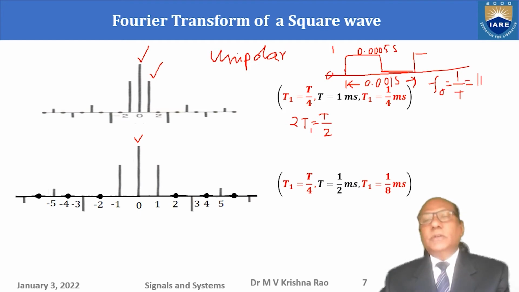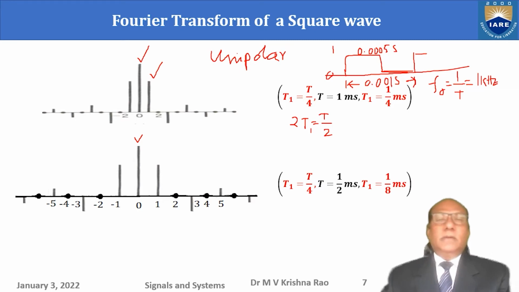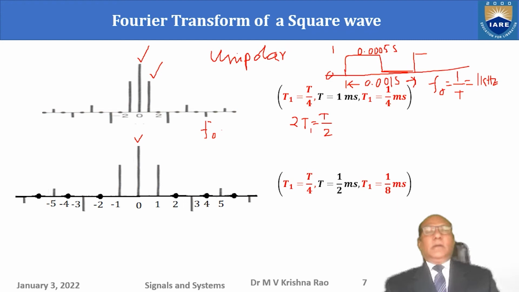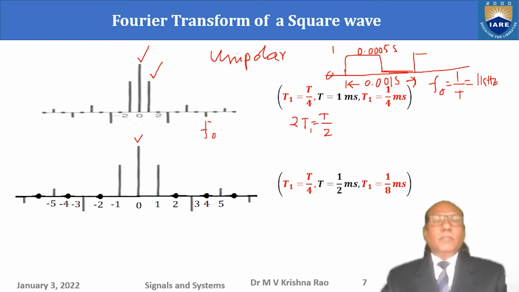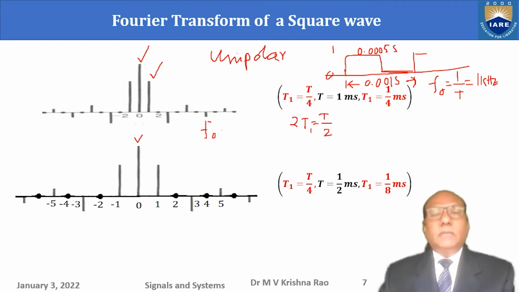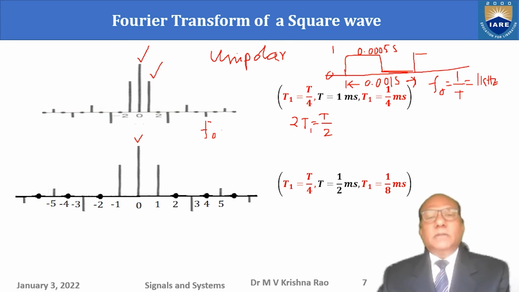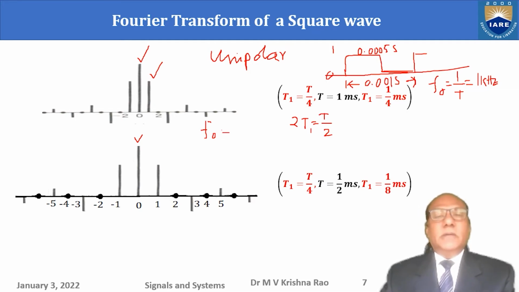So F0 equals 1 kilohertz in terms of linear frequency values. How do you get this F0? Omega naught is 2 pi F0, so F0 is omega naught by 2 pi.